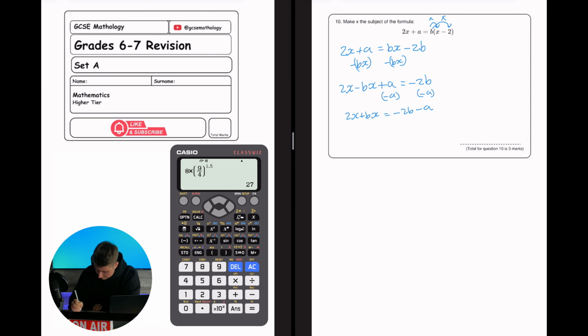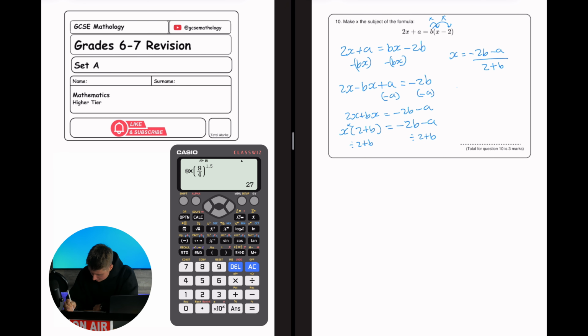And then I'm going to take a factor of x out to the front and factorize this to give us x brackets 2 plus b equals minus 2b minus a. And then this is x times 2 plus b. So I'm going to divide both sides of the equation by 2 plus b. And this will give us x, which is equal to minus 2b minus a over 2 plus b.